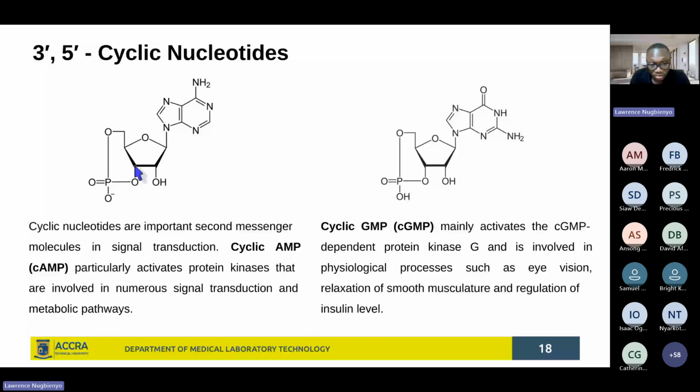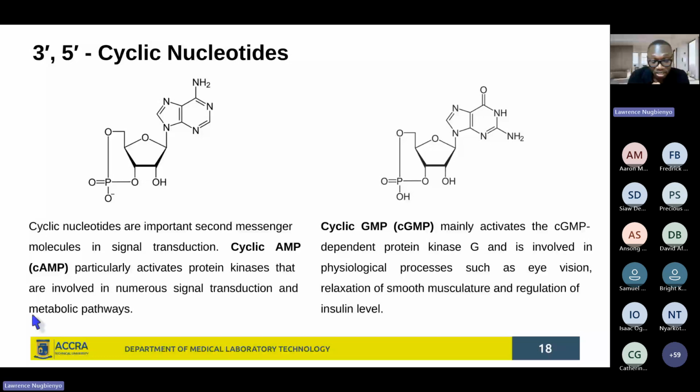And you come across things like cyclic adenosine monophosphate, which will act like a second messenger. When we come to the endocrine system, talking about hormones, for instance, you see the activity of cyclic adenosine monophosphate as a second messenger.